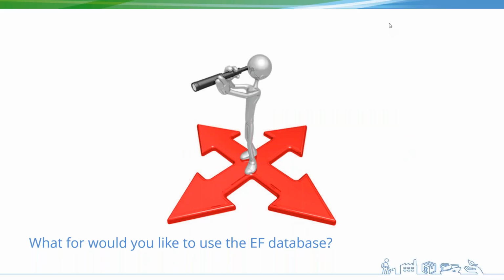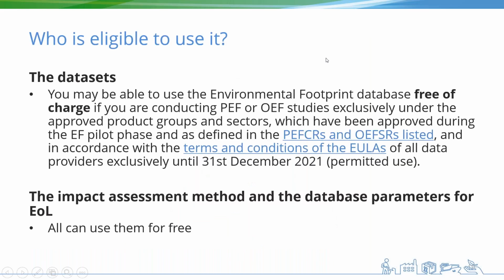Now I will hide the poll and continue, because then at least I can tell you what you can use it for which purpose, because we indeed have released the EF database for download on our website, but there are some, let's say, conditions that you should be aware of when downloading. And these are, of course, very well identified and documented on the webpage of the EF database on the SimaPro.com website. And sorry about the large amount of text, but this is really important for you to know. So who is eligible to use the database?